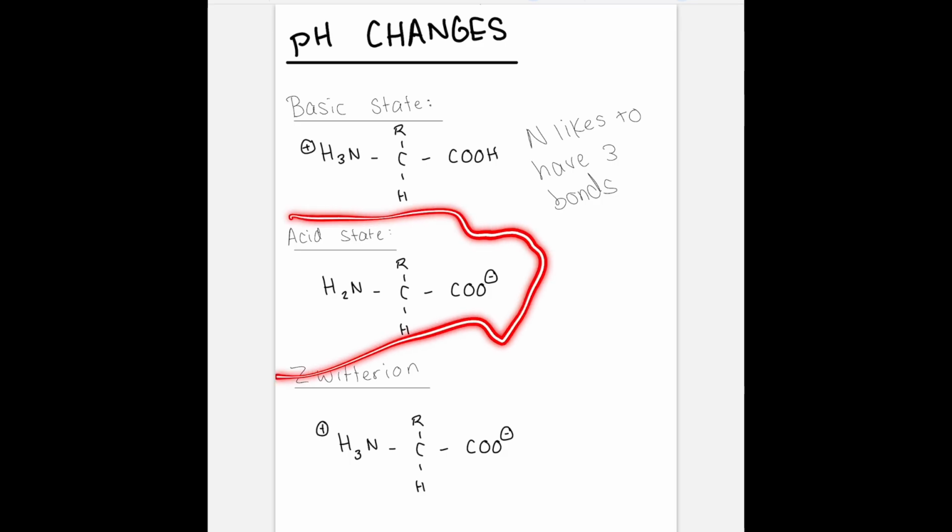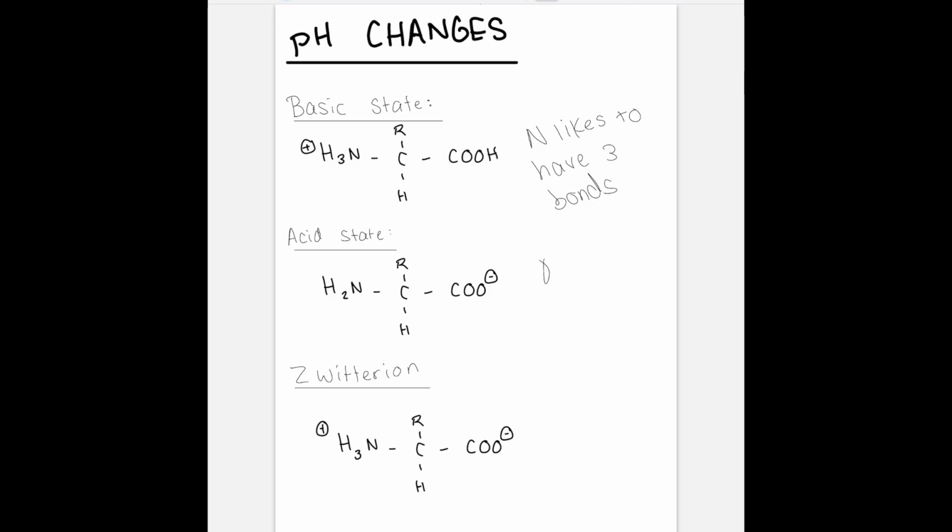Moving down to our acidic state, you're going to see a negative charge instead. So acidic environments, that's going to be lower pHs. And oxygen's also kind of like nitrogen where it has a preference, but not a hard and fast rule.